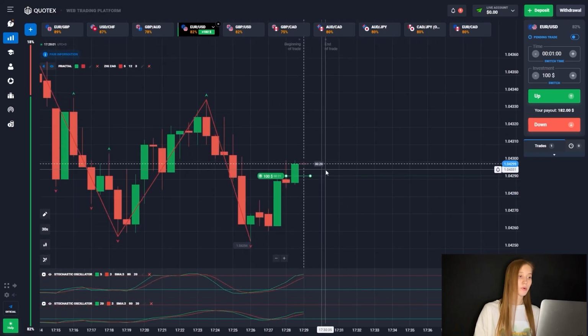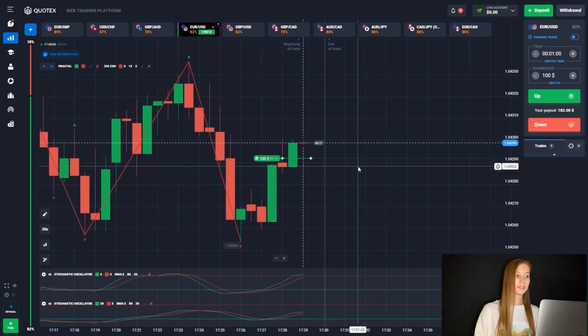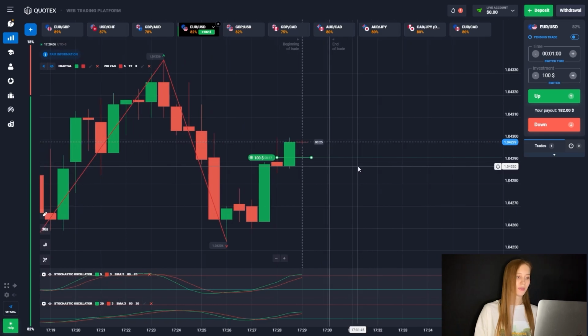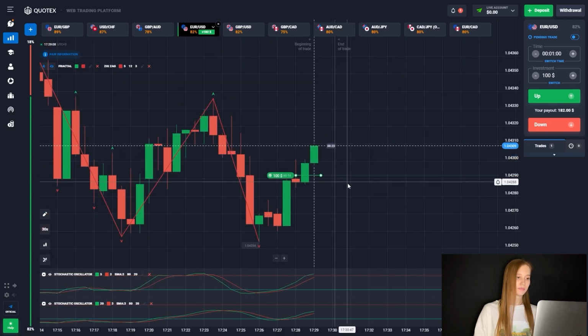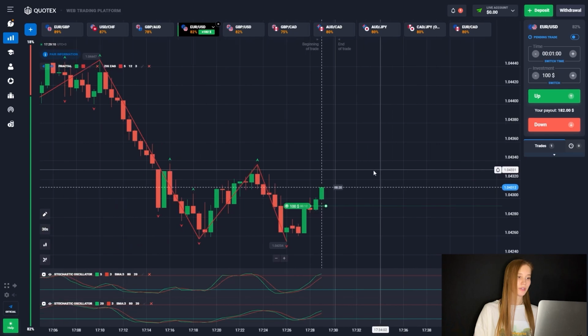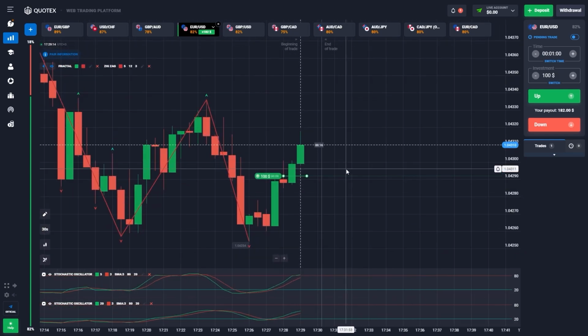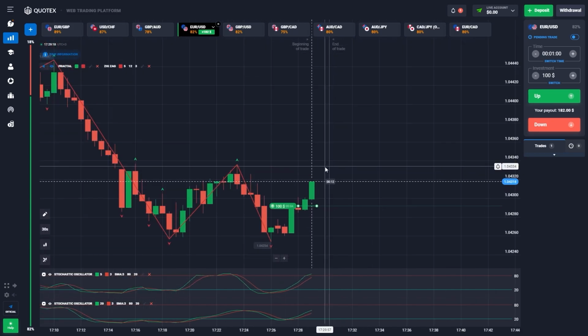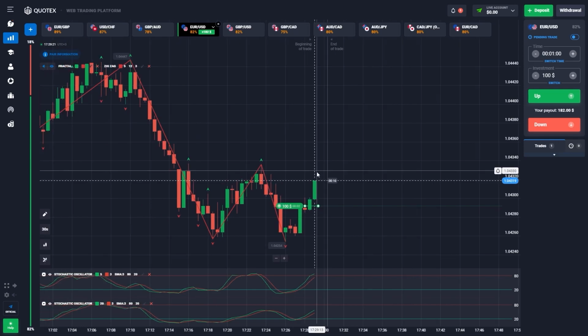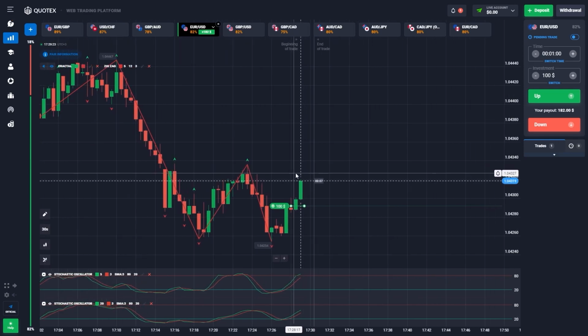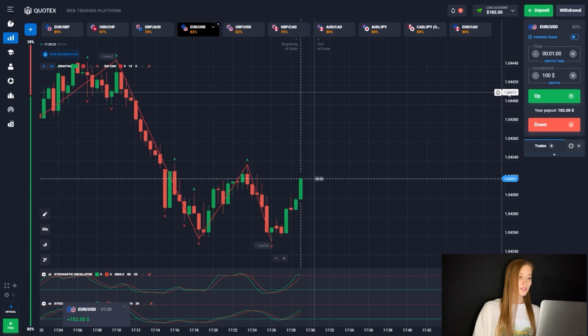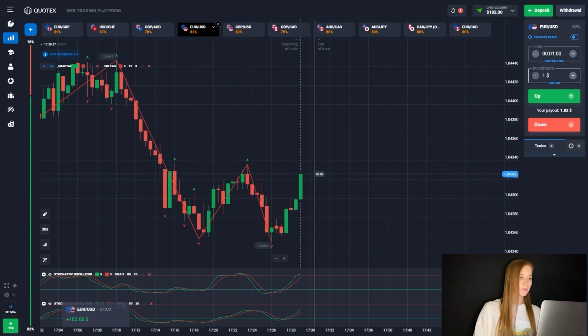As we see, the movement goes up and I'm completely satisfied with it. We see that there was an exit. So our first trade is up.